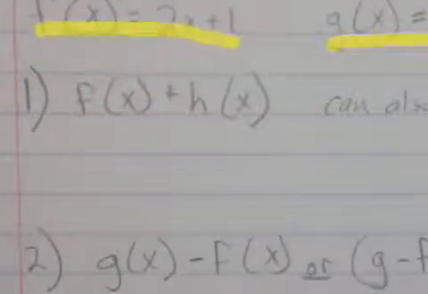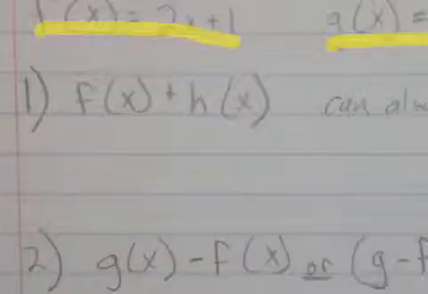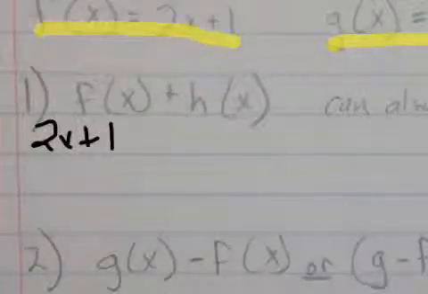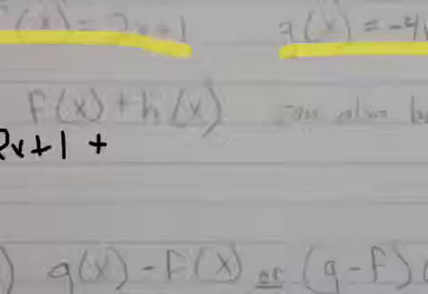So we need to write down what is f of x. F of x is 2x plus 1. So let's go ahead and write that down. And I'll write that just in black here. So you're going to do 2x plus 1. And then we're adding, plus, and then h of x, if we look back over here, is negative 5x plus 7.